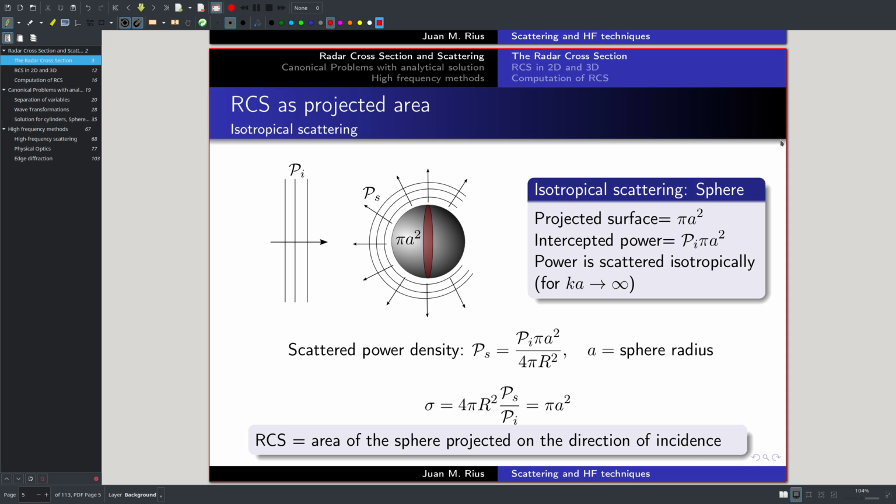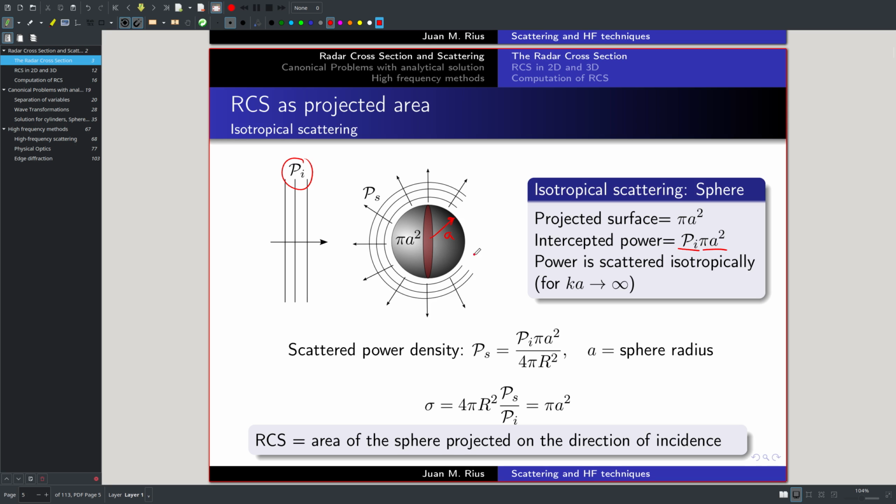For a sphere, clearly the projected surface intercepting the incident power density, so the projected surface of the sphere, if the radius of the sphere is a, the projected surface is pi a squared, so that the intercepted power is the incident power density times the projected surface pi a squared.